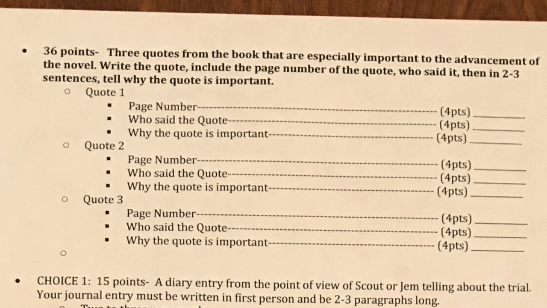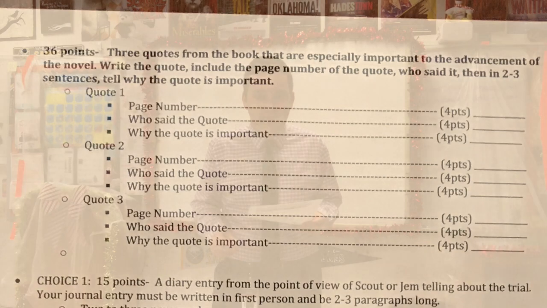You'll write the quote out, include the page number of the quote, who said it, and then in 2 to 3 sentences, tell me why that quote is important. I need to see 3 quotes from you, Regents students: the page number it's on, who said it, and why it's important.